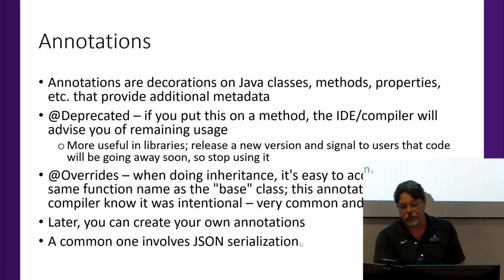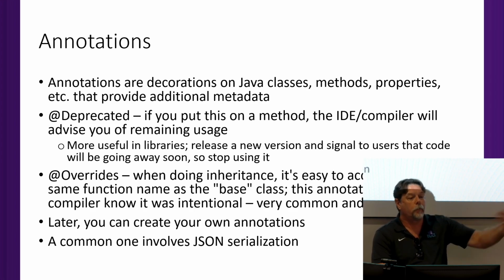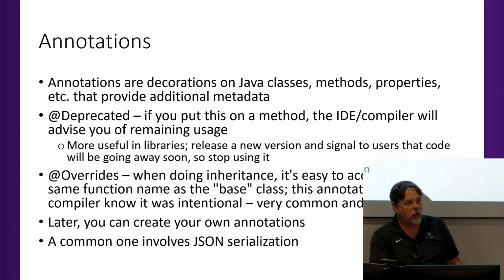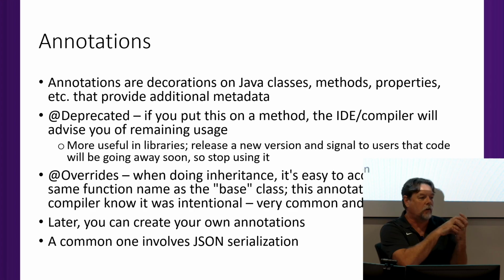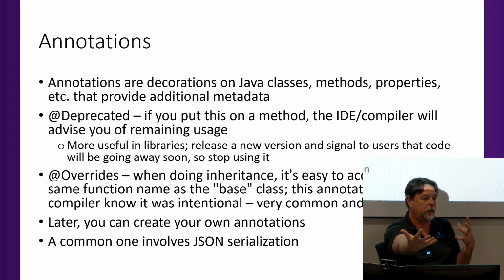Yeah, another one is JSON serialization. When we get into accessing databases, we can take advantage of a lot of code that other people write to help us do things. Like, let's say I have this Tiger class, and I want to take this instance of this Tiger class and I want to pass it to a database engine and have it stored in the database.